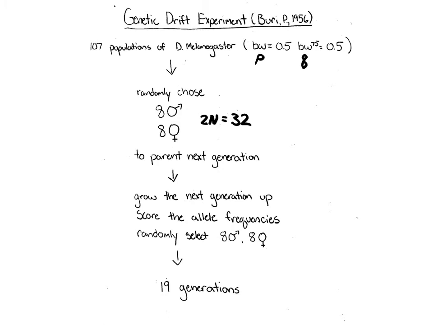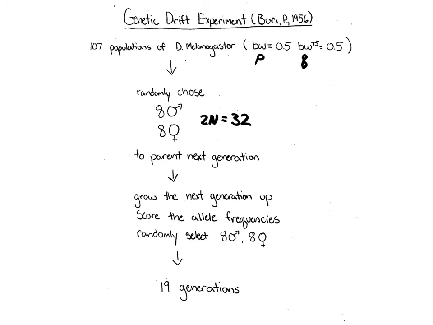And he said, okay, how can we see, not just in mathematical theory, that we should see these populations go to fixation for one allele or the other, but how can we do it in an experimental setting? And so what he did is he took 107 populations. The frequency of the BW75 allele in each of those populations was 0.5.